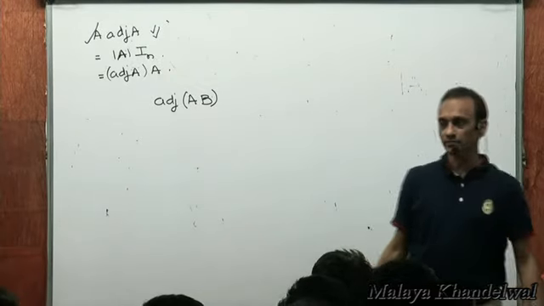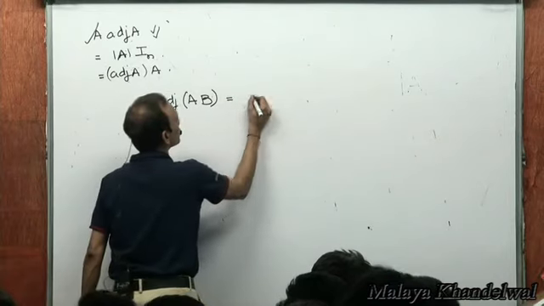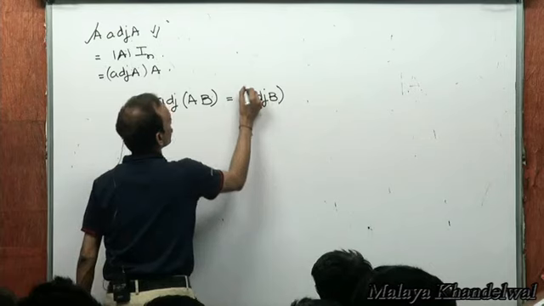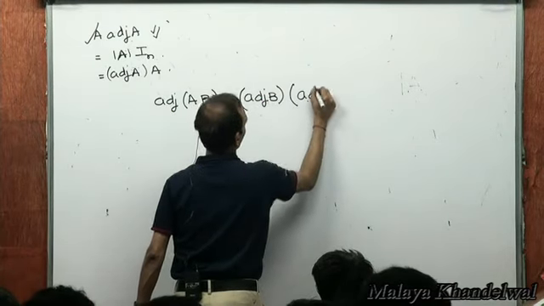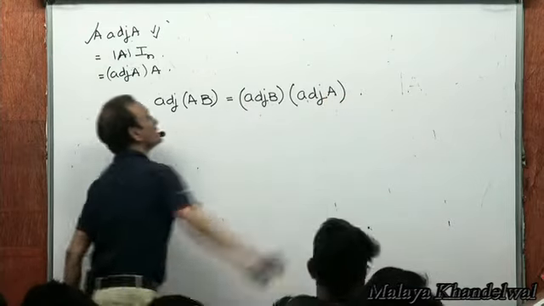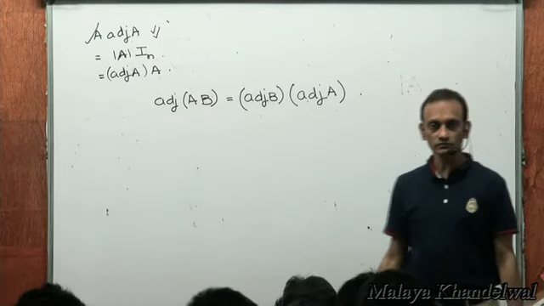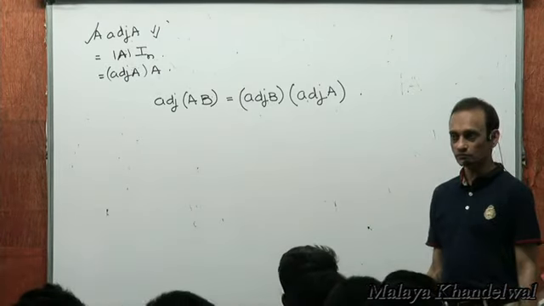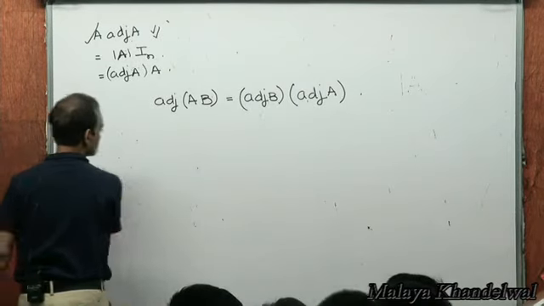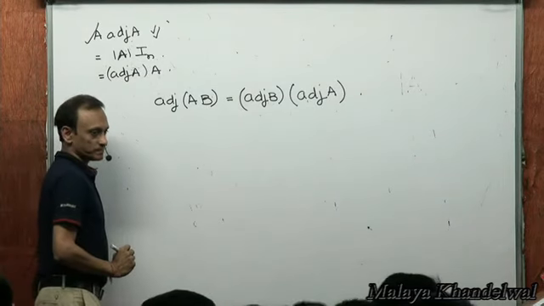Adjoint AB is adjoint B into adjoint A. Adjoint AB is adjoint B into adjoint A. Hmm? Let's establish this.